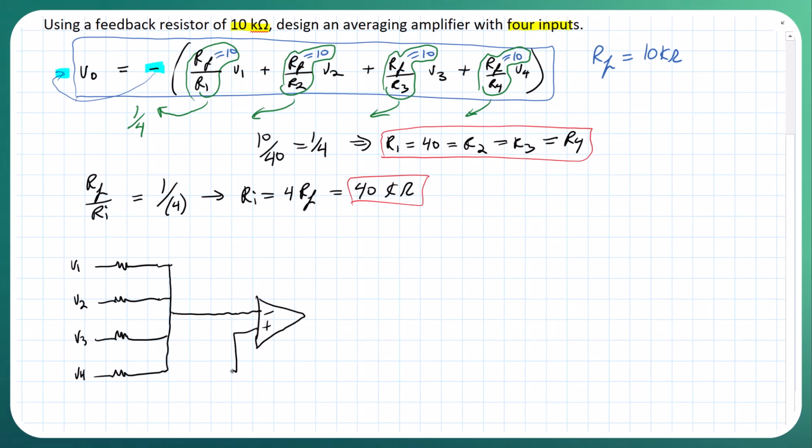The non-inverting input is going to be grounded. And this is going to be our V output. Our feedback resistance is given, that's 10 kilo ohms. And then our R1, R2, R3, and R4 are all of them going to be 40 kilo ohms, as we've determined above.